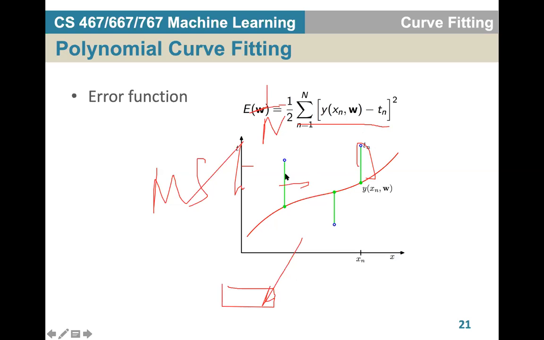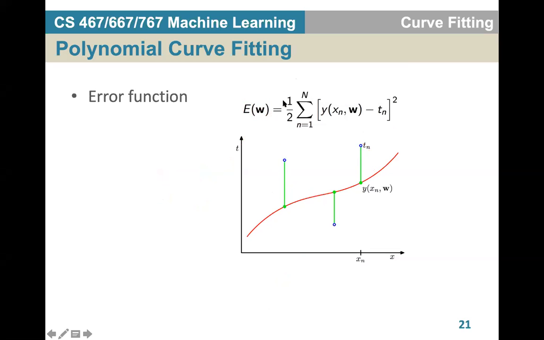It doesn't change the results, because this n is the number of training data you have. It's a constant. If you minimize the sum, you also minimize the average, because this is error. So it's the same thing. It's just that you want it to be numerically more stable, so you divide by n. This is the mean square.